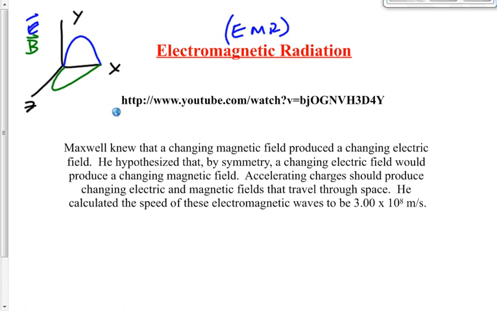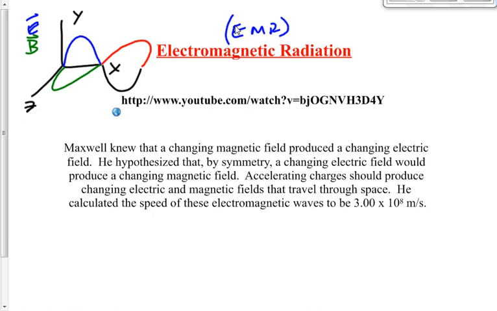Well, a changing electric field will produce a changing magnetic field. So the blue one produces the red one. And a changing magnetic field can produce a changing electric field.